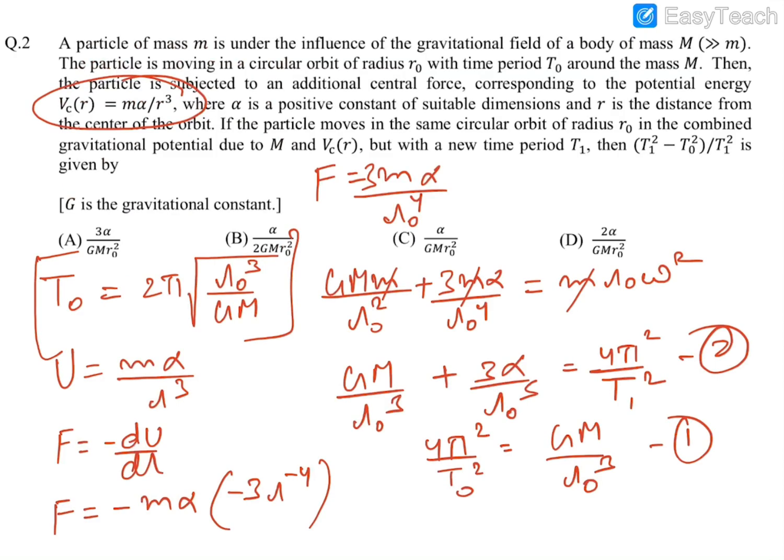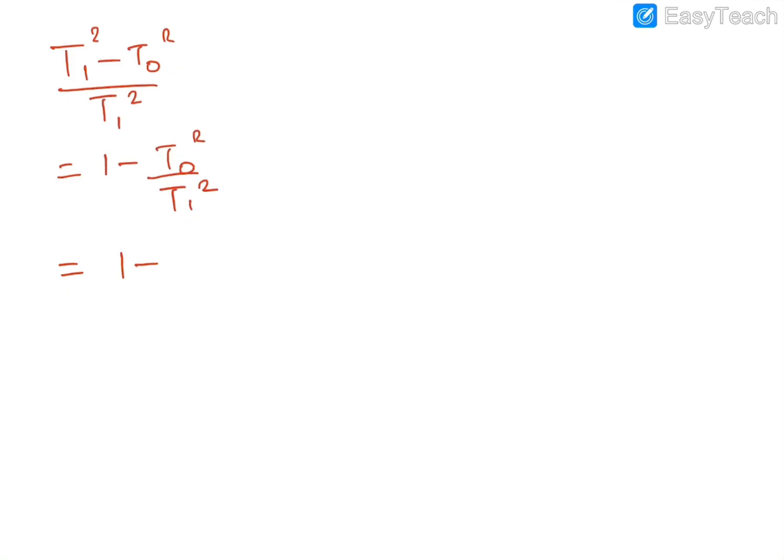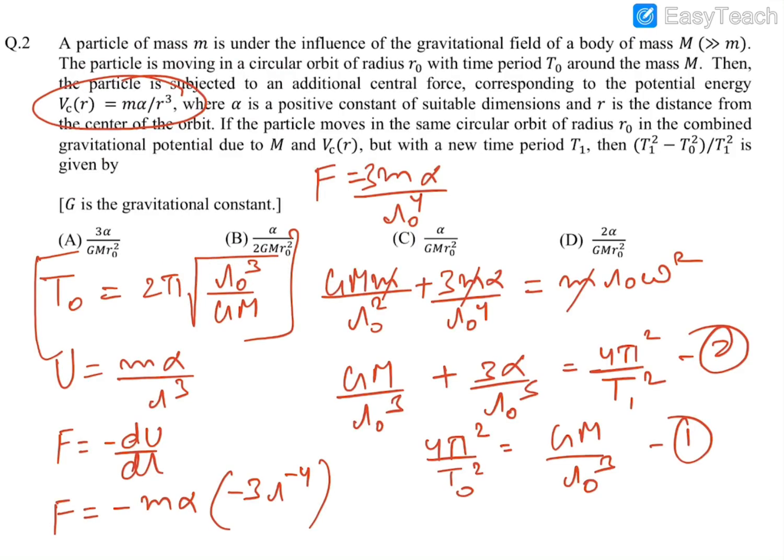So you can see that if we divide 2 by 1, then it would be GM by r0 cube.